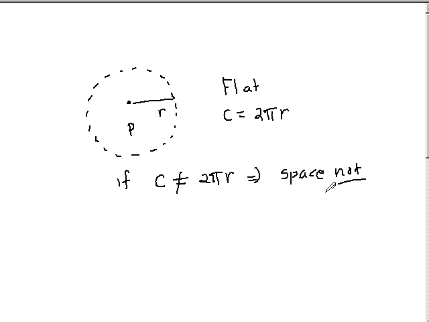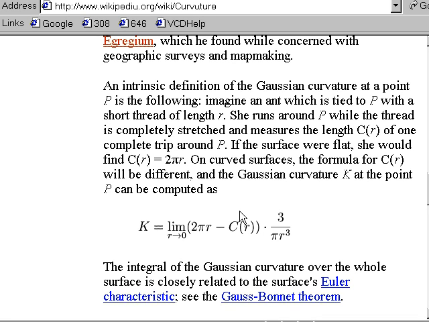So if the circumference is not 2 pi r, that means your space is not flat. And depending on whether it's bigger or smaller will tell you whether it's positively or negatively curved.